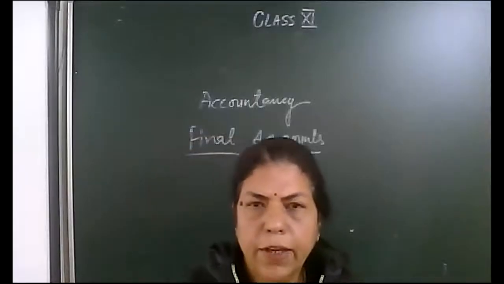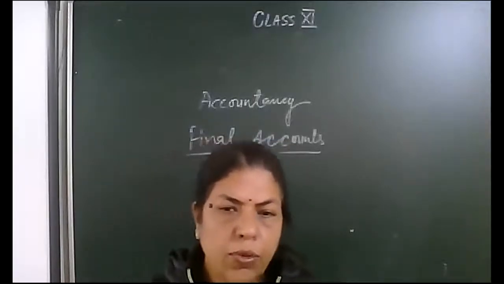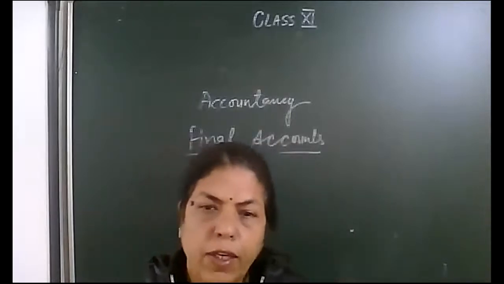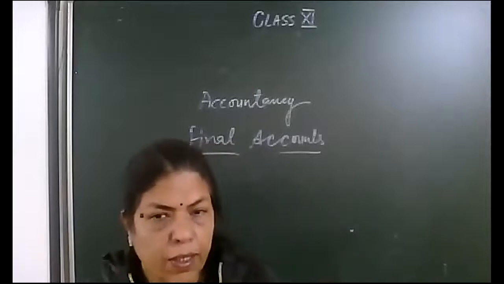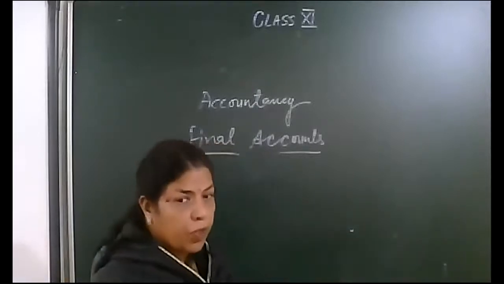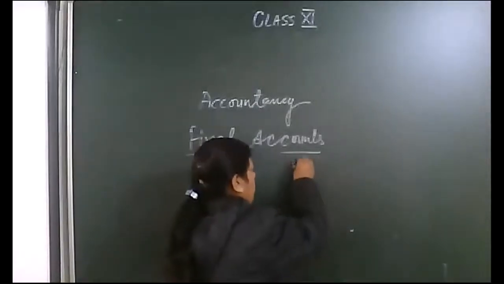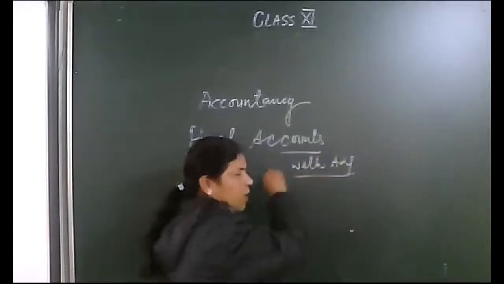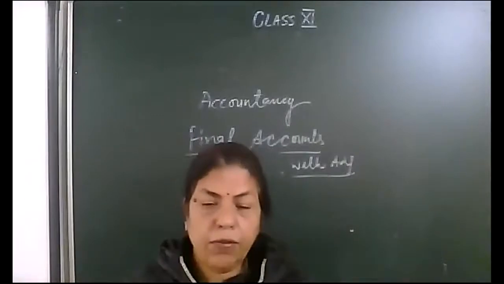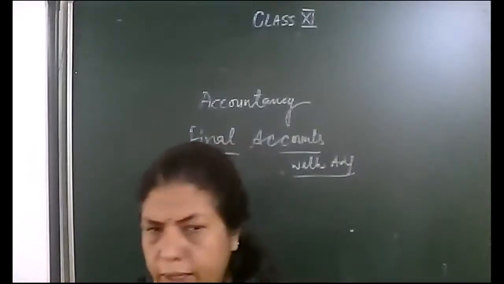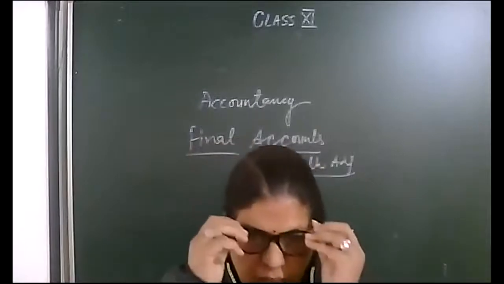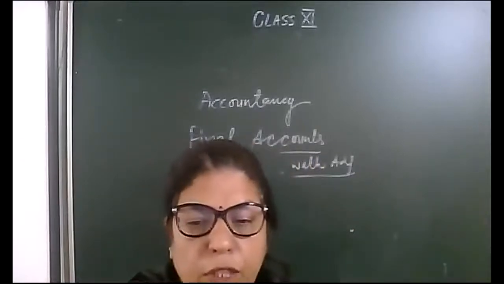In class 11 business studies, accountancy, we are on chapter number 9 and 10, financial accounts, final accounts with adjustments. We have completed all the adjustments as well as different numericals of this chapter.